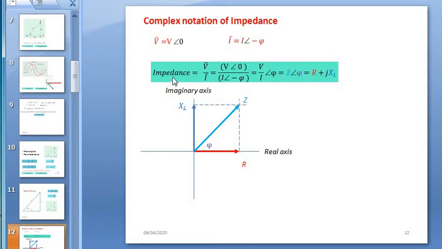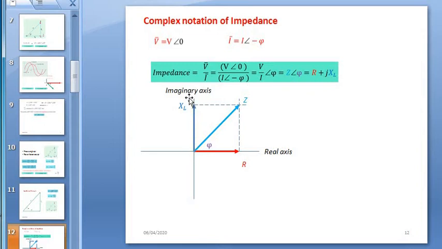This impedance can be represented by this equation. Z is equal to Z at an angle plus phi, or it is expressed in a complex notation as R plus j XL. What does it mean? If R is represented on this real axis, where will be XL? It will be parallel to this imaginary axis.